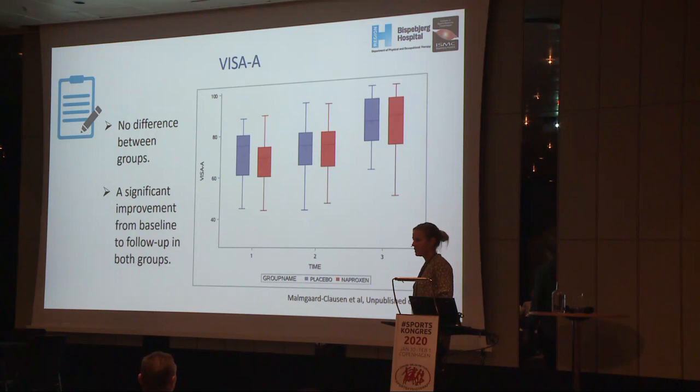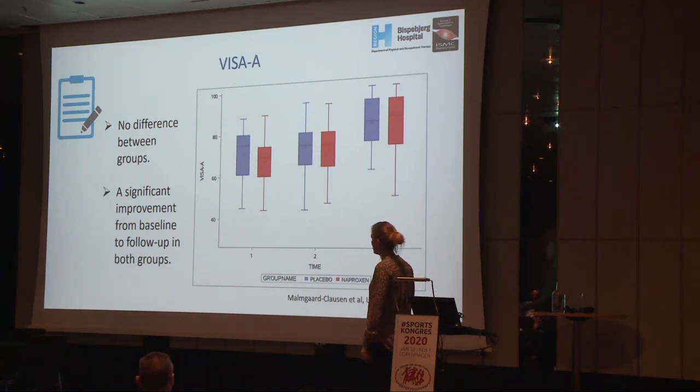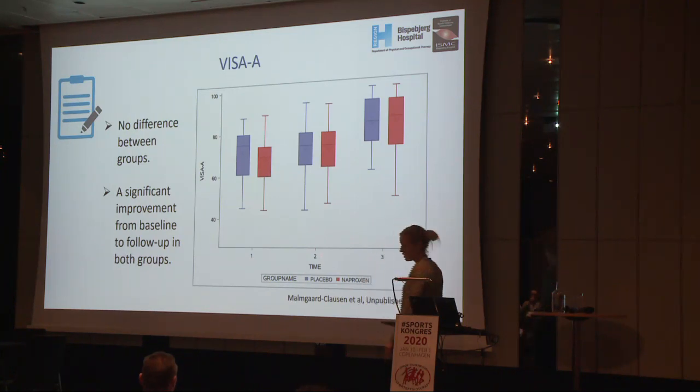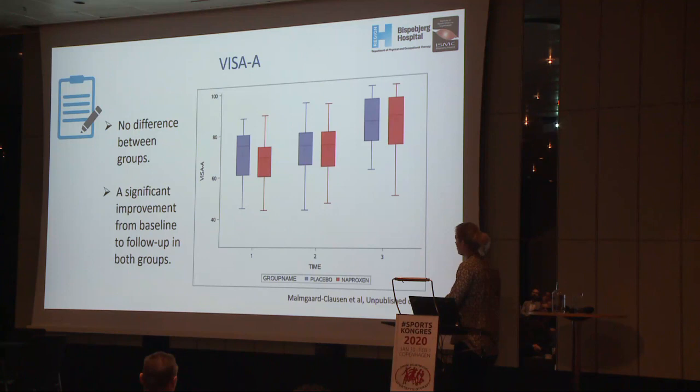So again, this is preliminary data from the same study. A way that we evaluated the severity of the Achilles tendon pain was the VISA-A score. As you can see here, the blue bar indicates the placebo group, the red bar is the NSAID group, and these are 3 time points: the first is the baseline, the second is after 1 week of NSAID or placebo, and the third time point is after 12 weeks of training.